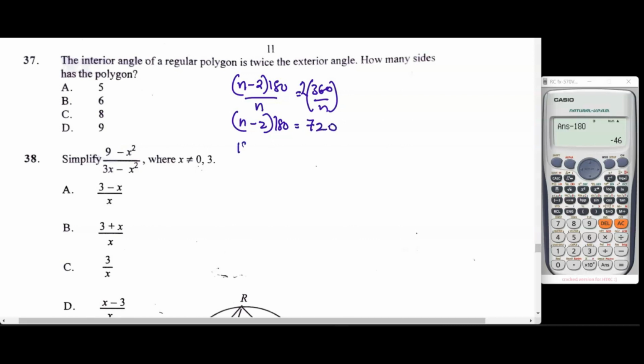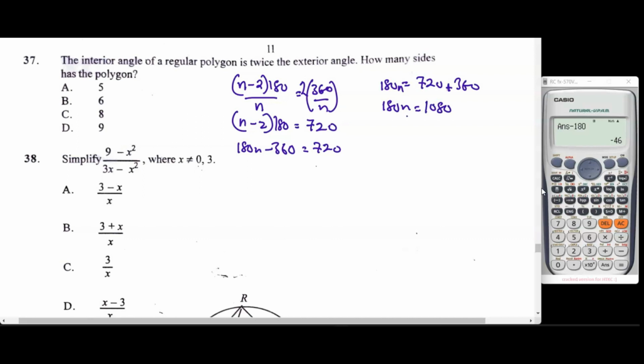Expanding, we have 180n minus 360 equal to 720. So working out for n, 180n will be equal to 720 plus 360, and 180n will be equal to 1080.